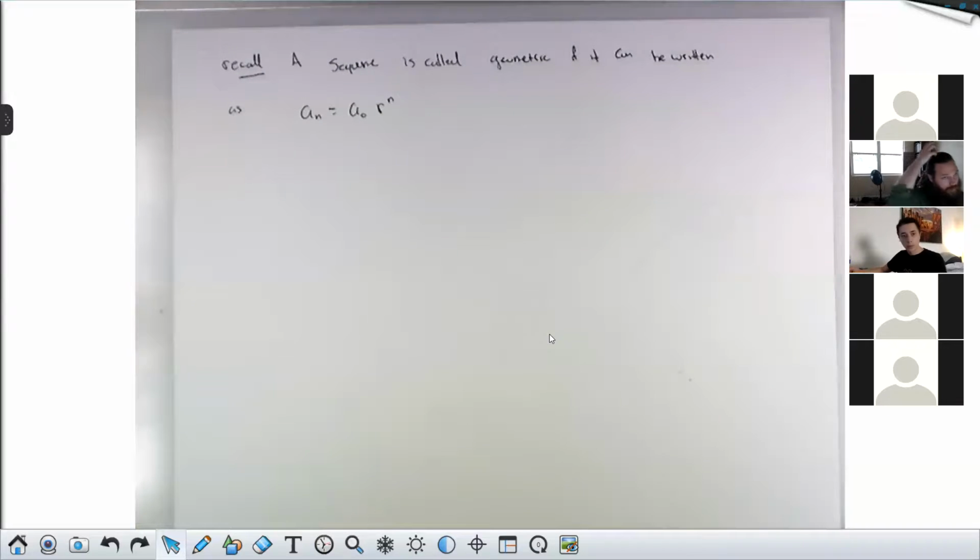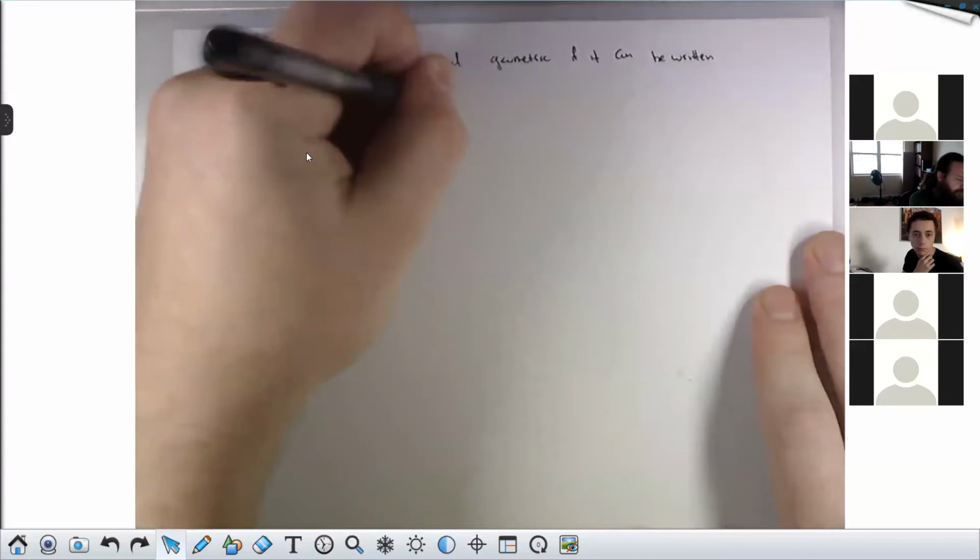This is how I showed it to you in class. Your book uses a slightly different notation because they always assume n starts at 1, so they have an n-1 here, and I don't think they put the 0 subscript here. But doing it like this makes it pretty. Just works a lot better.